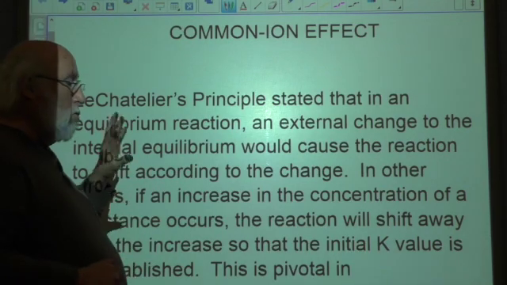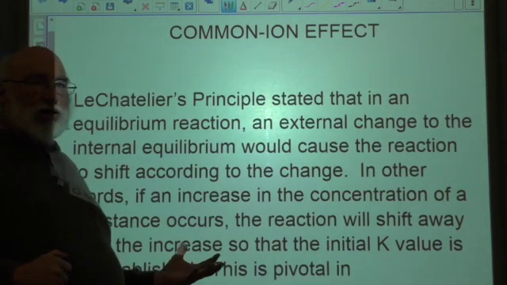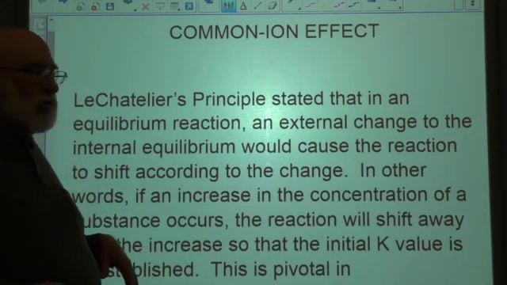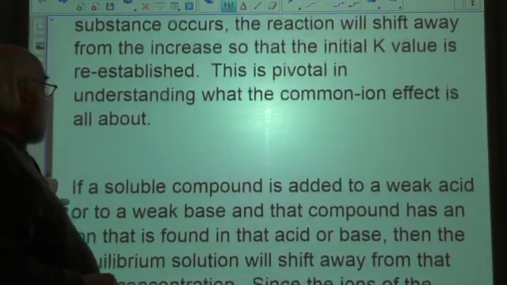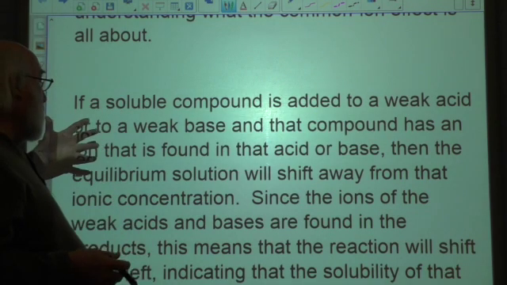Okay, and so what we are going to be looking at is how, while K is going to stay the same, it's going to affect the overall concentration for that substance. So that's the idea here.